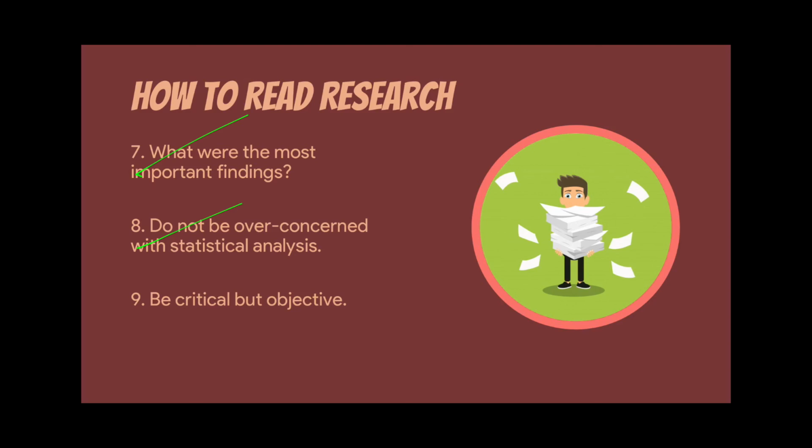And of course, more importantly, be critical about the research. What do you think could be areas wherein it could have had bias, or what are the ways wherein we cannot really verify if the conclusions and the assertions of the study hold water? But be very objective.